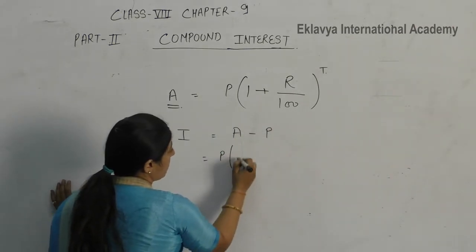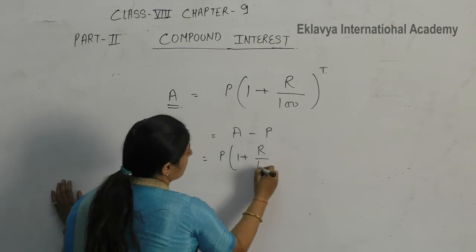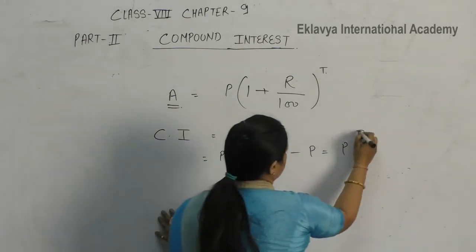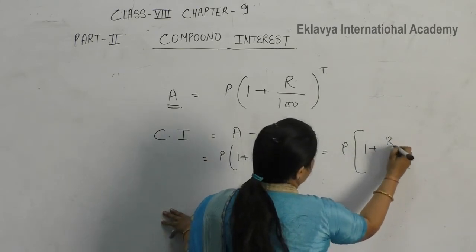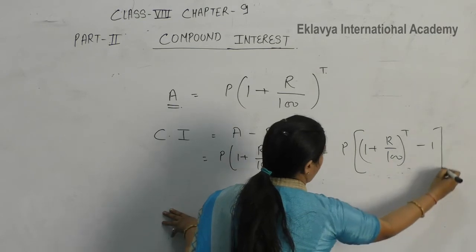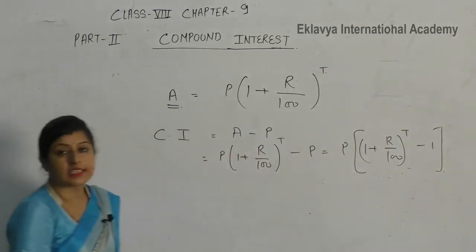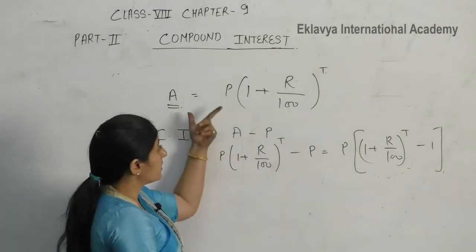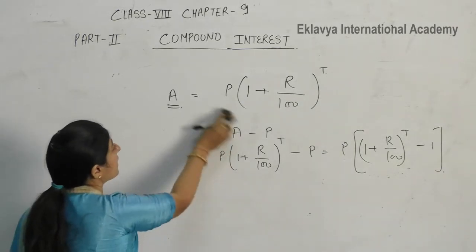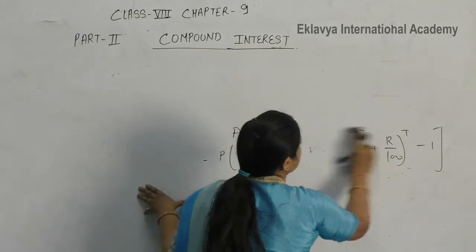If we apply it in the formula, it becomes P[(1 + R/100)^T - 1]. So this formula we will use now to find the compound interest.